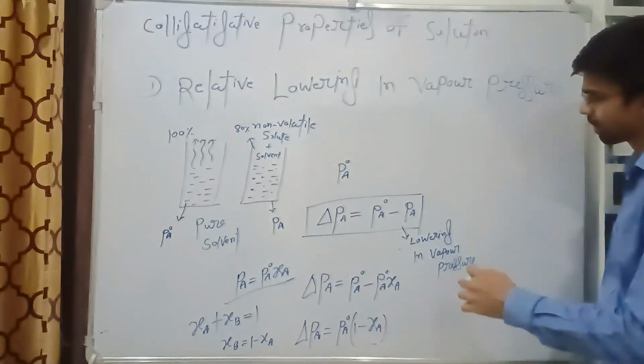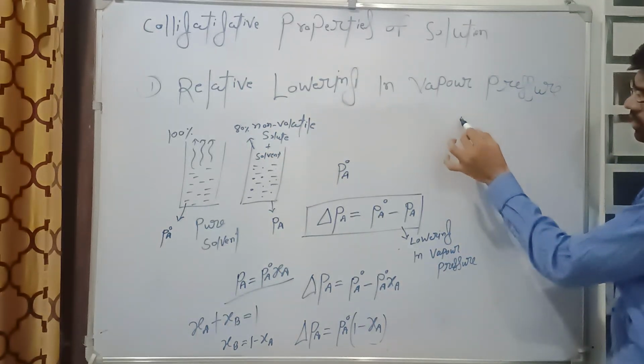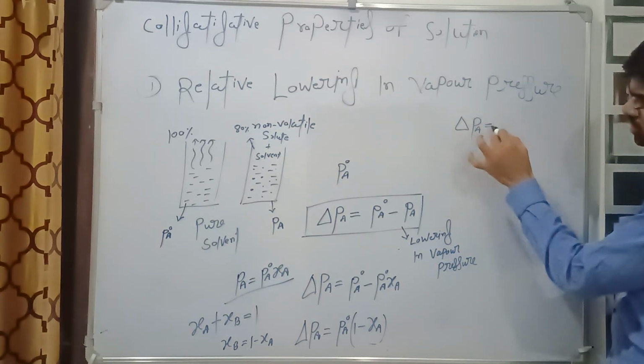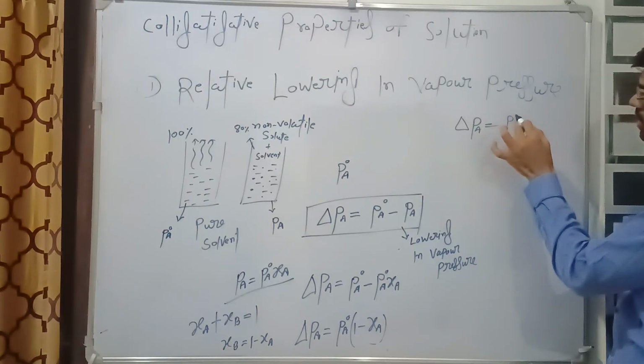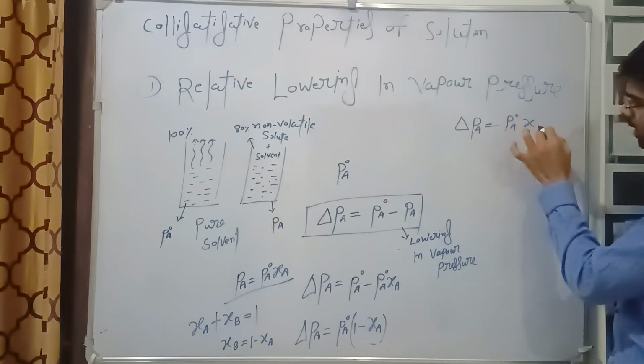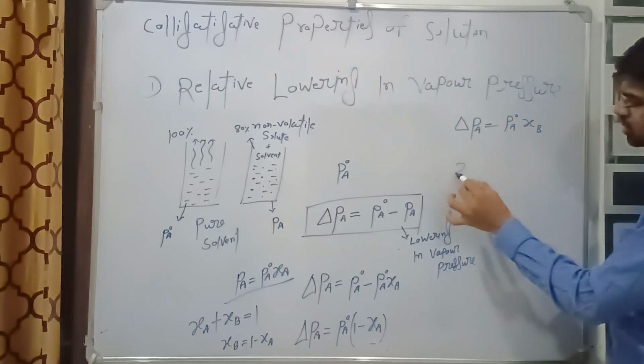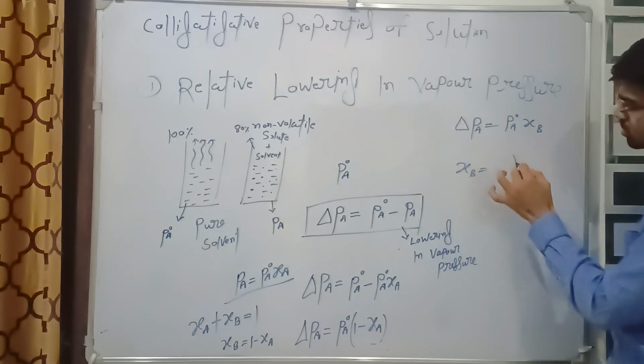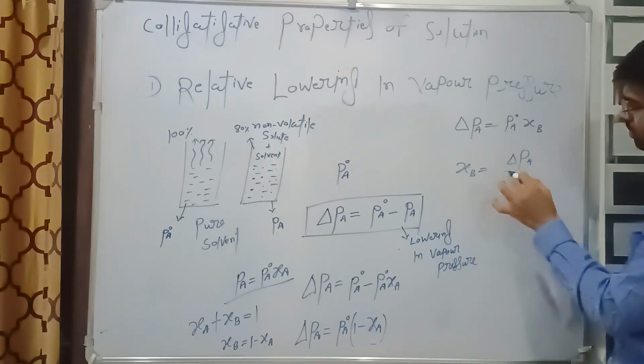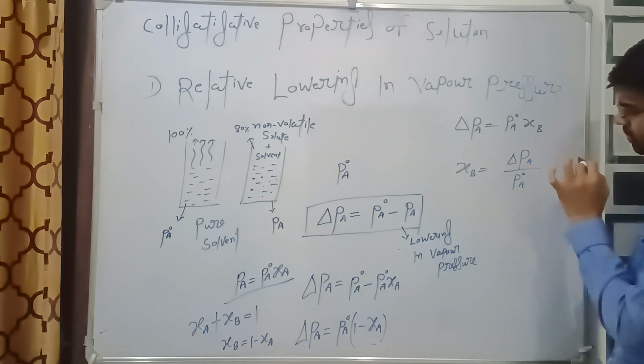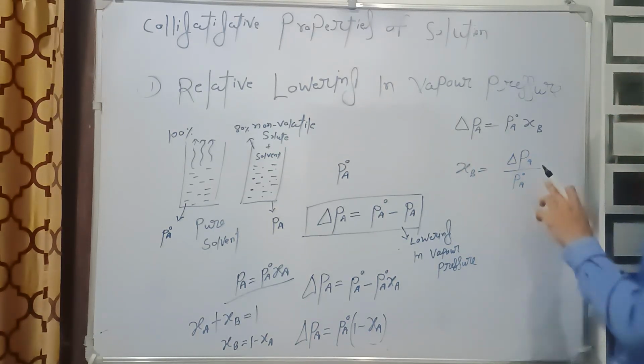So we will get del PA is equal to P naught A into XB, or XB is equal to del PA upon P naught A. Again you can substitute the value of del PA.